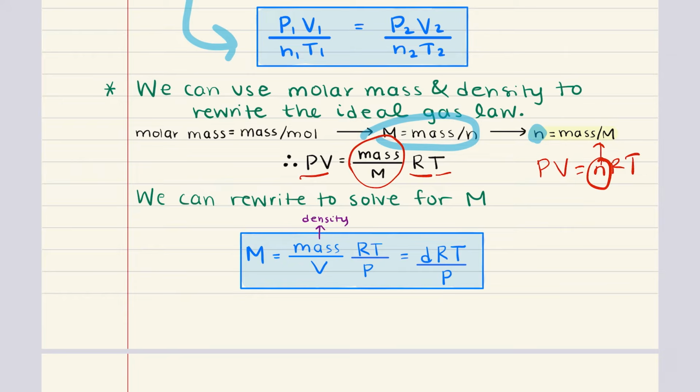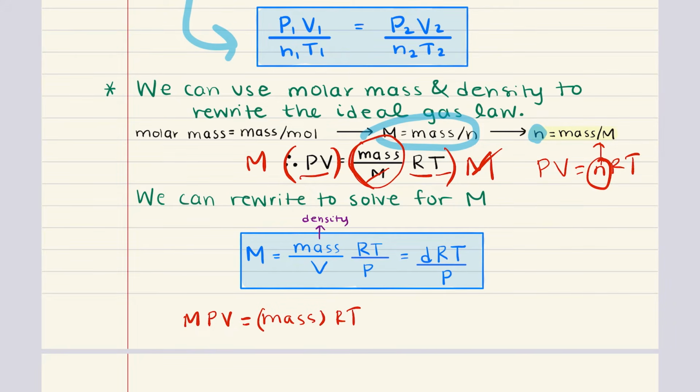The next thing we want to do is rewrite this expression, move around variables so that we have an equation where one side is molar mass and the other side of the equation is all the other variables. So how are we going to do this? We're going to multiply both sides by molar mass. So then we get rid of molar mass on this side, and now we have molar mass multiplied by pressure and volume is equal to mass multiplied by RT.